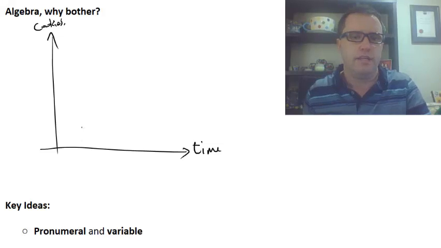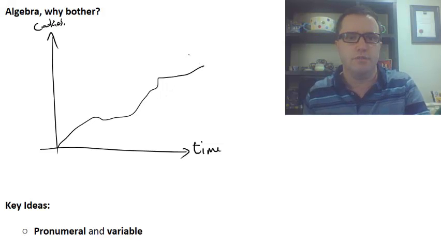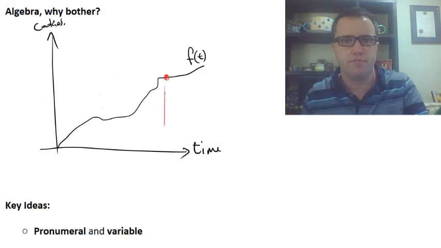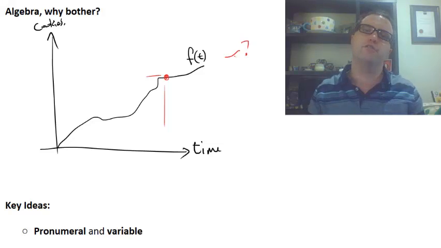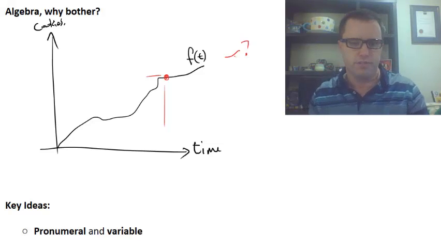As time continues, the number of cookies eaten gets bigger and bigger. This would be some kind of function of time. Being able to create this function, or predict what's happening at this point here, or what's going to be going on out here in the future, all that sort of stuff would be using algebra, whether logically or explicitly.